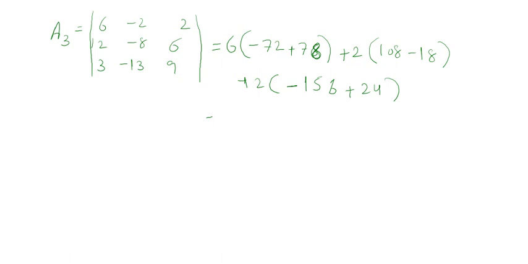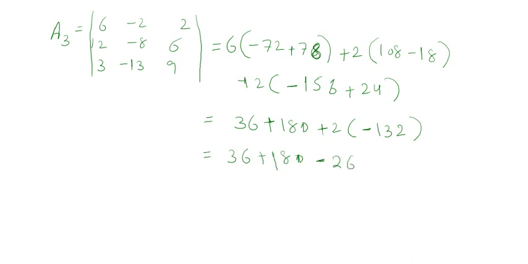That equals 6 into 6 is 36, plus 90 into 2 is 180, plus 2 into minus 132. So that is 36 plus 180 minus 264, which is certainly non-zero, as you can calculate; it's very easy.